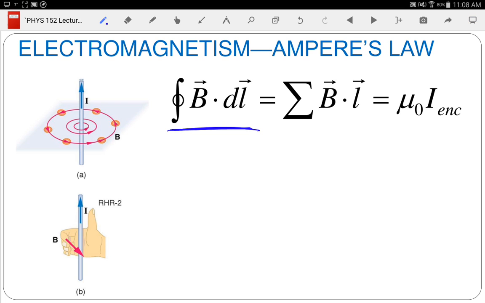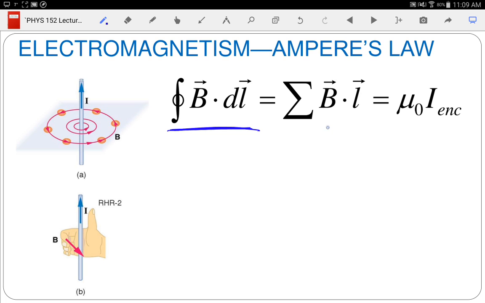And at a constant radius, the magnetic field has to be the same magnitude, otherwise you'd break the symmetry again. So for a circle, the magnetic field is going to be in a circle, and it's going to be constant strength.